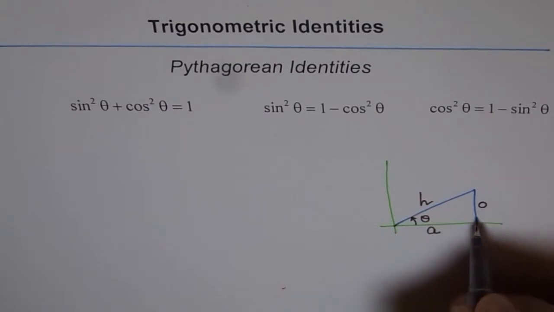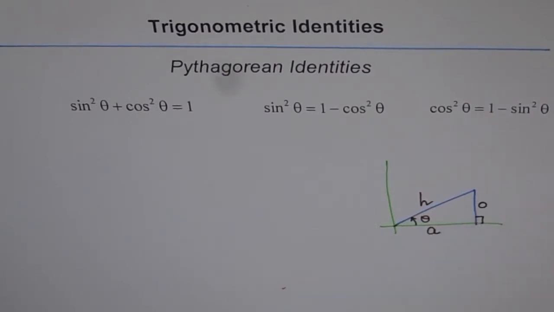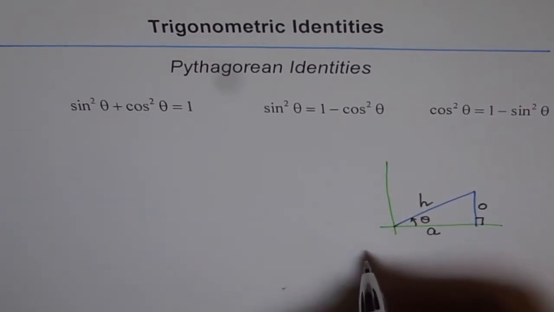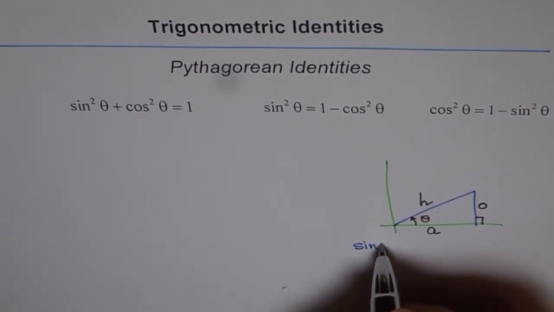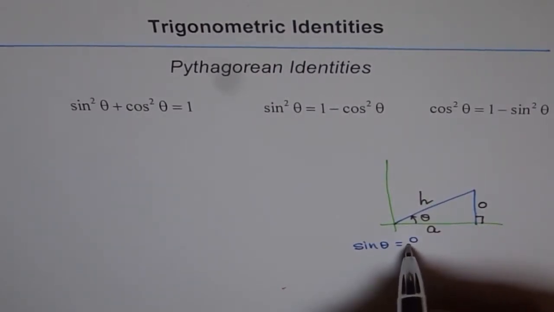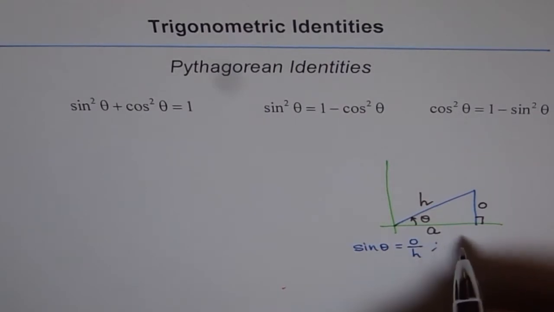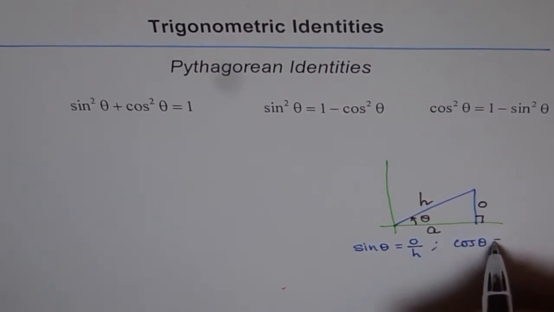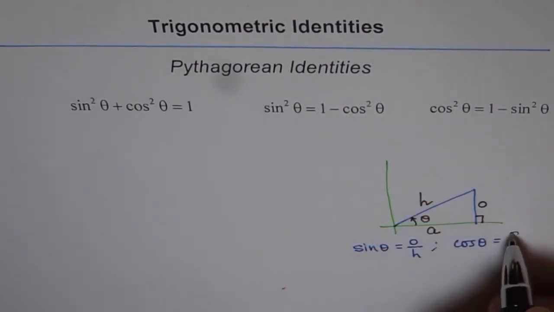From the rule of SOHCAHTOA, sine theta is opposite over hypotenuse, O over H, and cos theta is adjacent over hypotenuse, A over H.